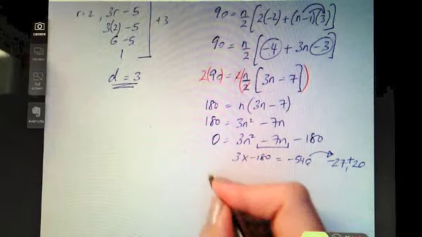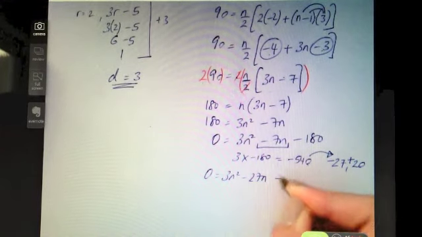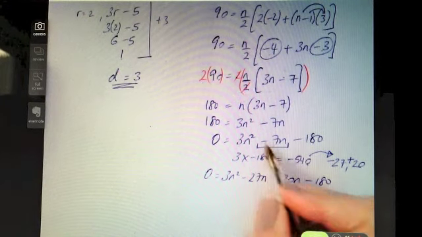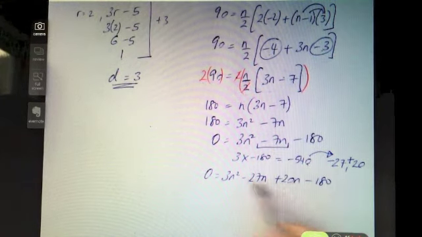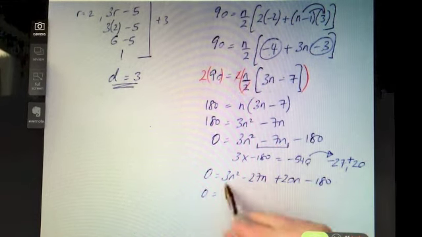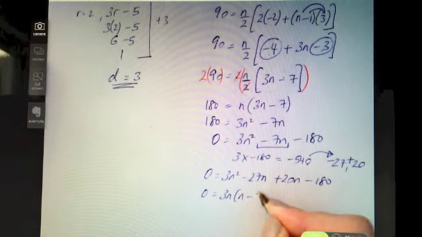So rewriting out my quadratic, I get 3n squared minus 27n plus 20n minus 180. And so that is replacing my minus 7n, but it's equivalent, of course, to minus 7n. Once you get it written in this form, I pull out what is common to 3n squared minus 27n, which is 3n, n minus 9.